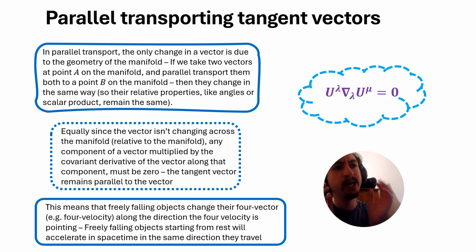But as I say, this equation as it stands isn't too useful because it doesn't seem to tell us how the path of a particle will be determined by the curvature of space-time.